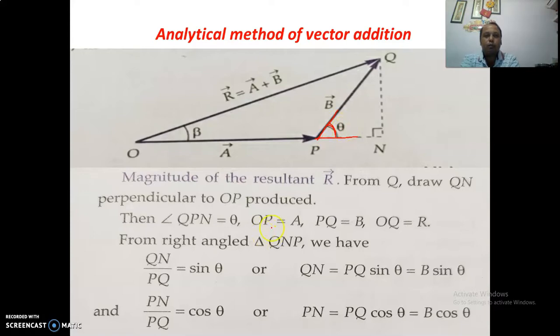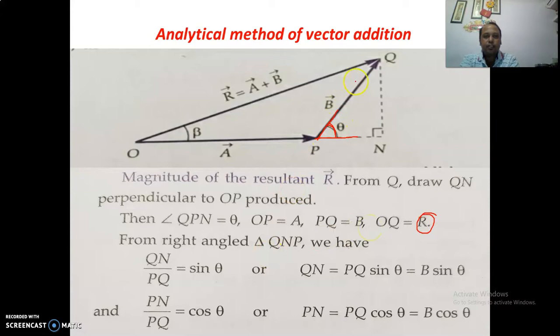OP, the distance between O and P, that is the length of vector A, is given by A, the magnitude of vector A. Similarly, PQ, the length of vector B, is given by B only. And OQ, the resultant vector R, has a magnitude of R only, so OQ represents the resultant, and we are going to calculate the value of this magnitude R. So let us see how it is done.